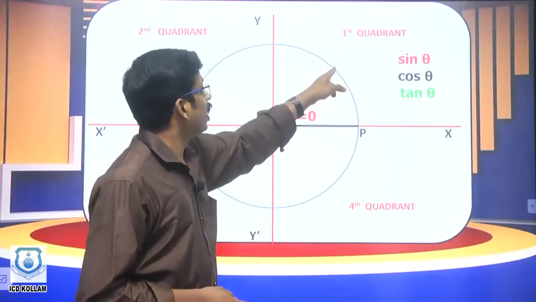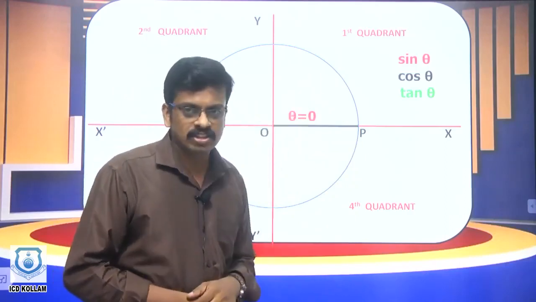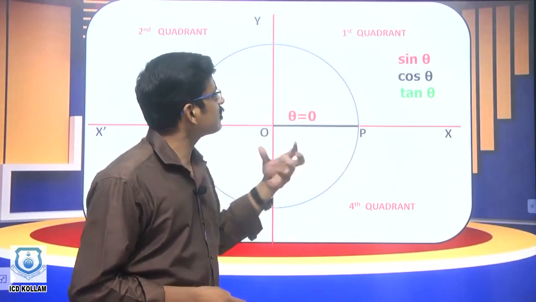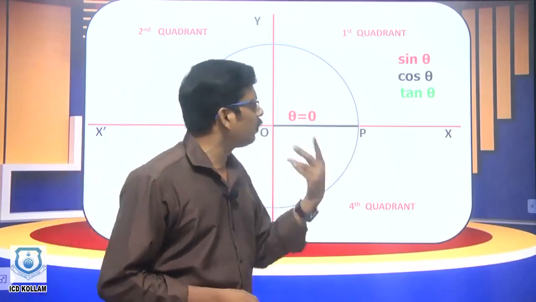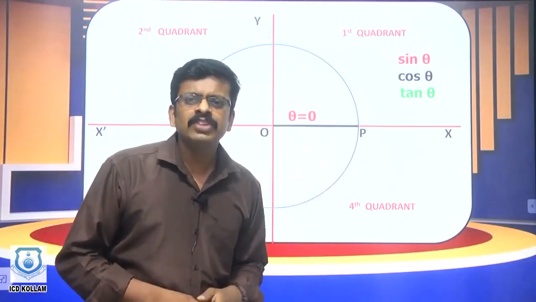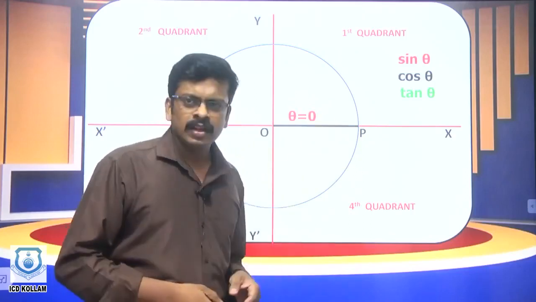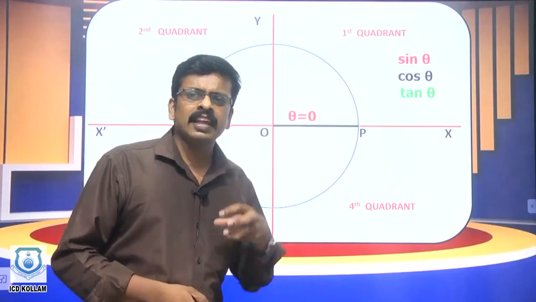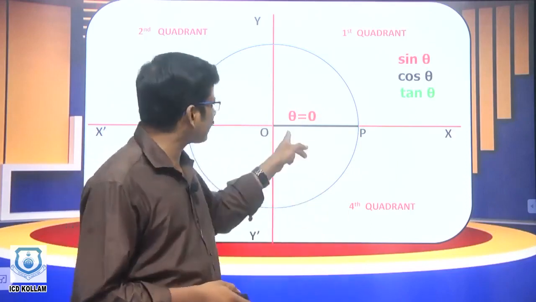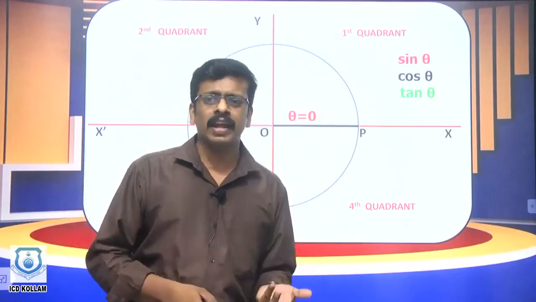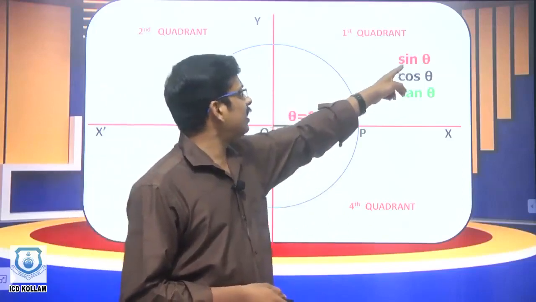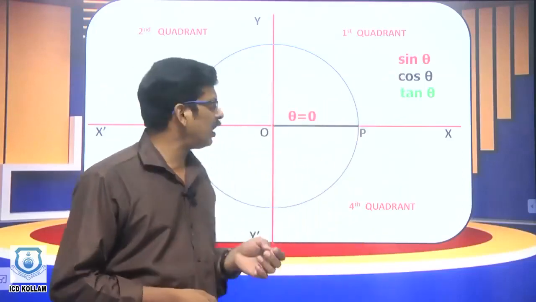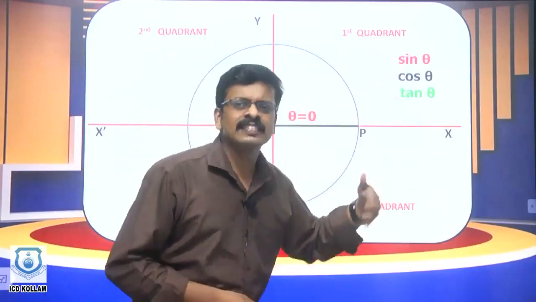That means the unit circle's radius. But at that time, where is our tan theta and where is our sin theta? These two are missing from the graph. That means they are nullified, meaning approximately 0 or exactly equal to 0. That is why we can say sin 0 is 0 as well as tan 0 is 0.